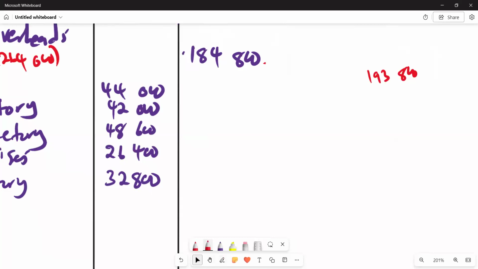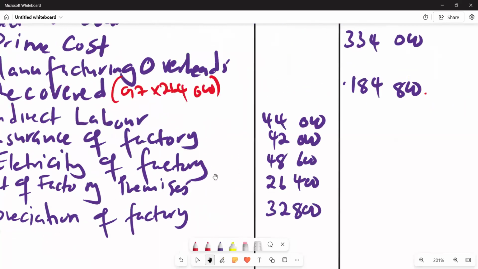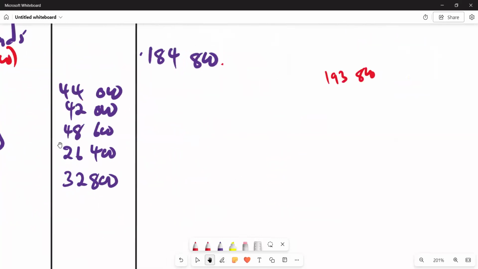So if you come here, you see that this one is the manufacturing overheads recovered. If the total that we got here is greater than the manufacturing overheads recovered, we are going to show it as a negative here and transfer it to cost of sales.